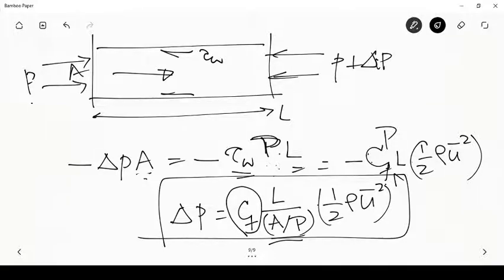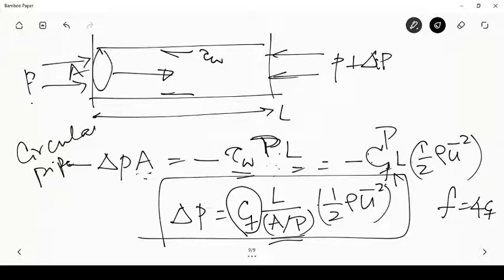This is an expression that we normally use for pressure drops, and in fluid mechanics literature, usually we replace this Cf with a quantity called F, which is 4 times Cf. And this area by perimeter, if I take it for example for a circular pipe, then the area by perimeter will be pi d squared by 4 divided by pi d.